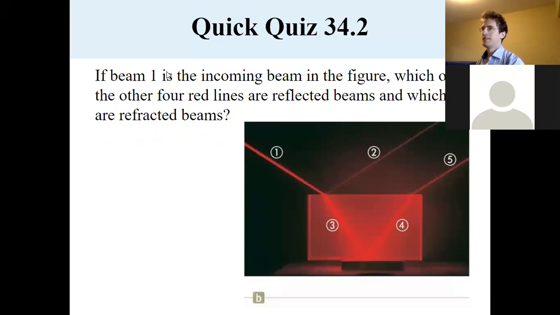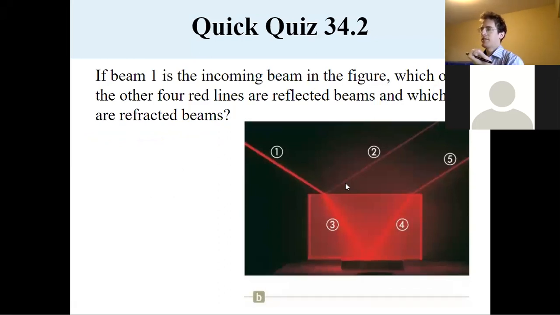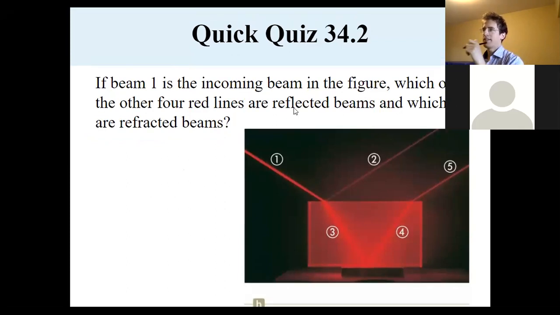So, okay, the quick quiz here is just showing you how, if you look at the incident beam number 1, just coming into this plate, you see how some light gets reflected, most of it enters the plate and bounces off again completely in total internal reflection.